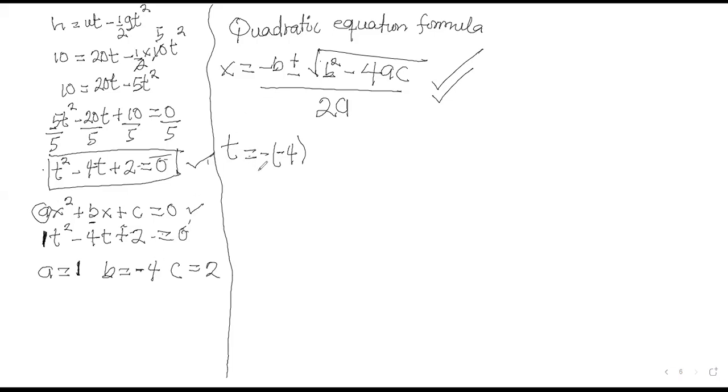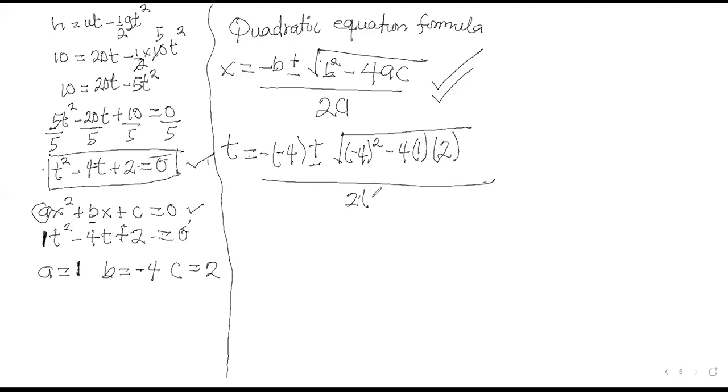B is equal to negative 4, so it will be minus negative 4 plus or minus the square root of b squared, so ideally, negative 4 squared, minus 4 times a. A is 1. C is 2. All divided by 2 times a. So 2 times 1.